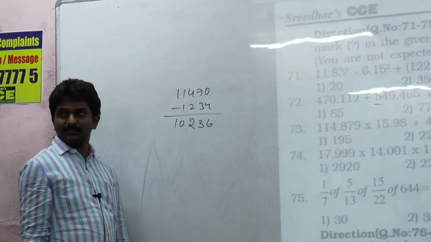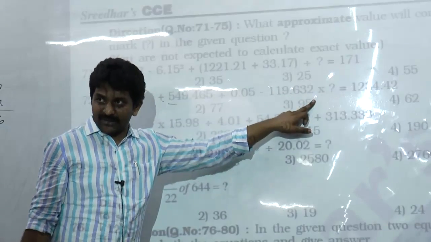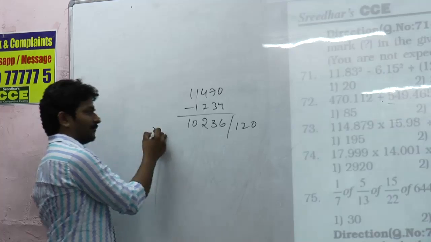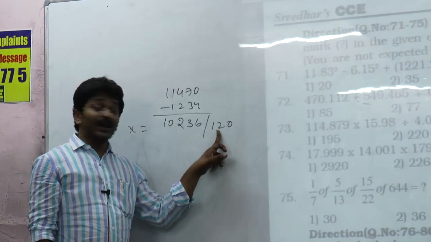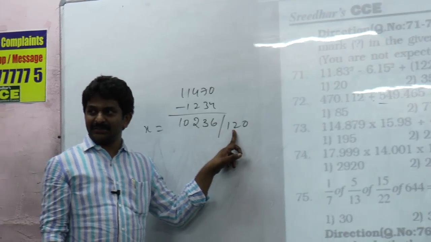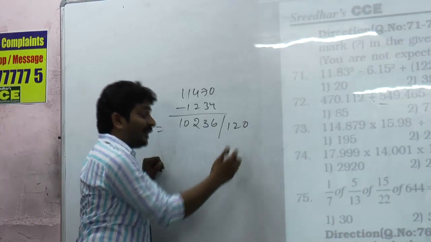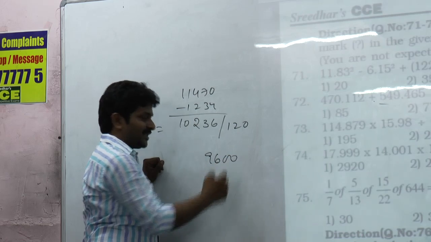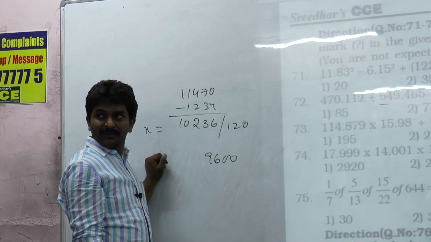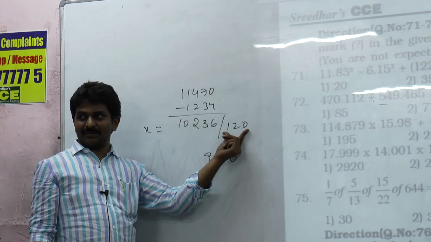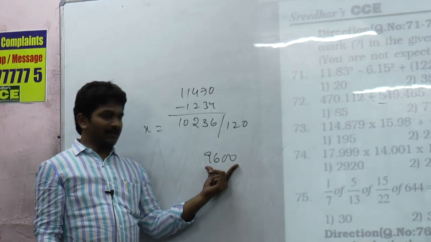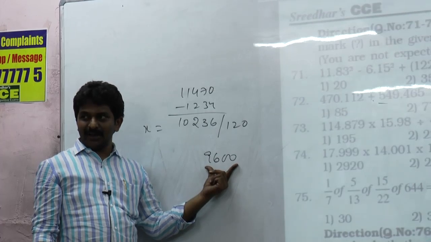10,236 is equal to, let me write this number as 120 into x. X will be equal to that divided by 120. 128 times 96. 128 times 9,600. Right? 128 times 80 times 9,600.